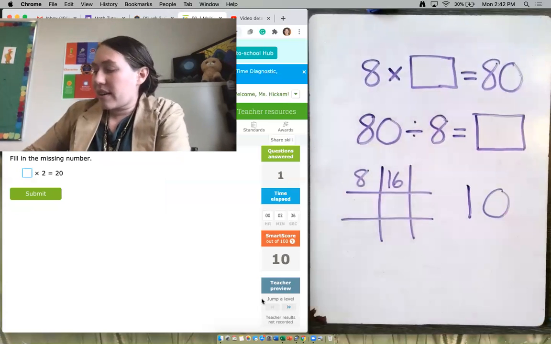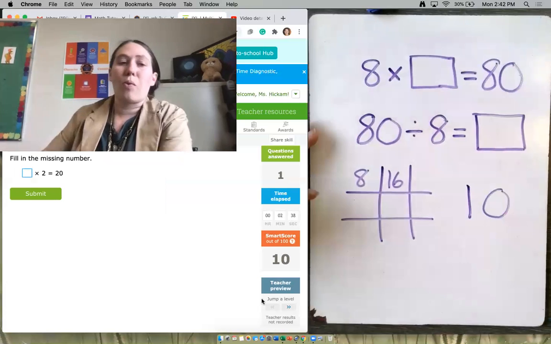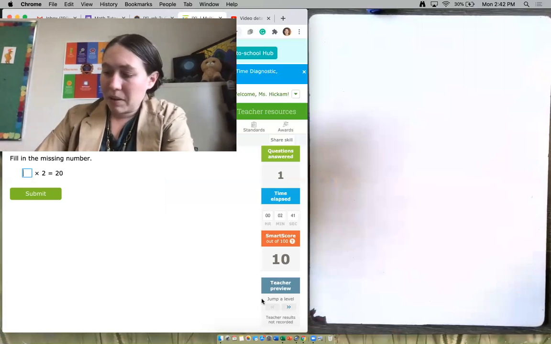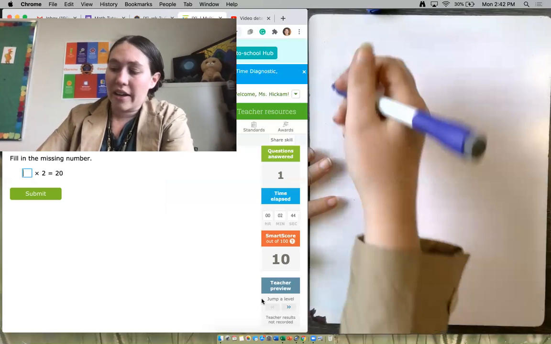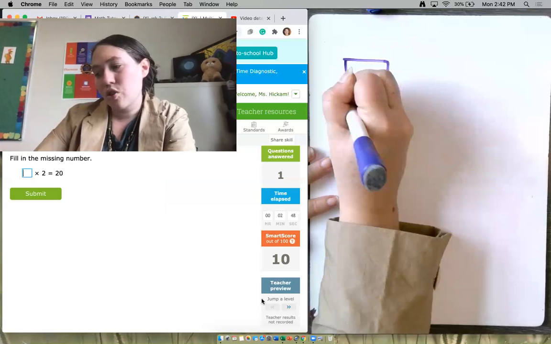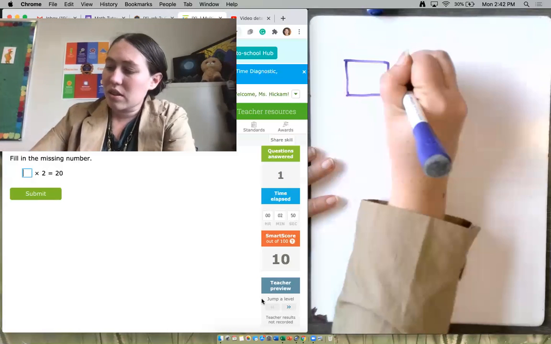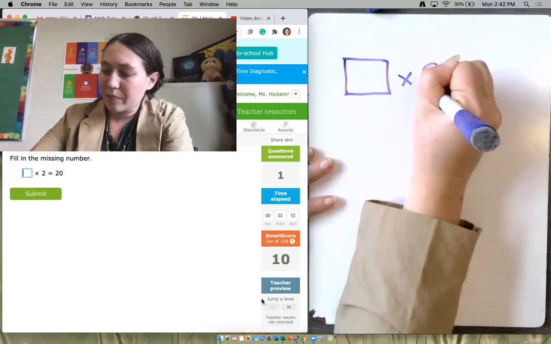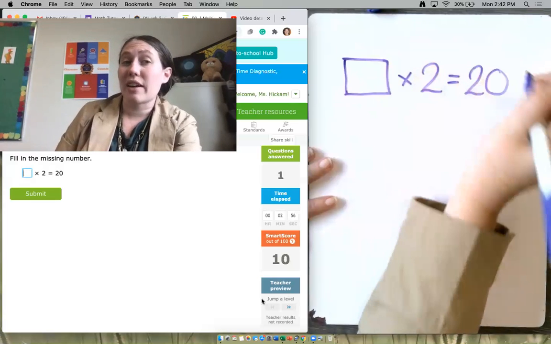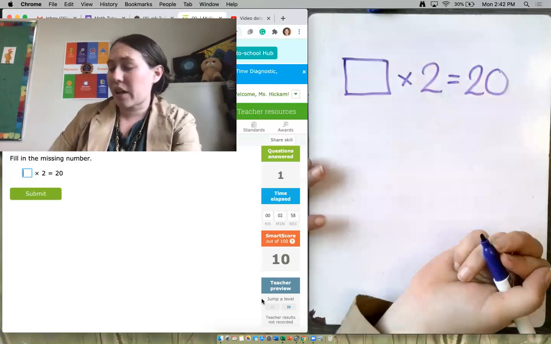We're on the next one. Once again, it's like a puzzle. Blank, aka our missing puzzle piece, times 2 equals 20. If I was going to write this as a division sentence, this shows me that I know how to do it, and I'm showing my work here.